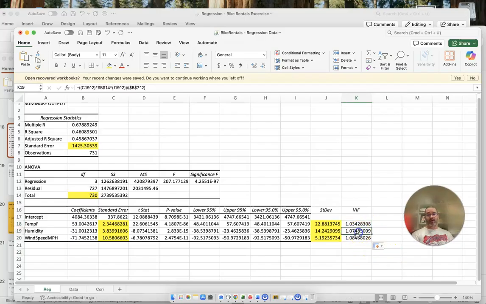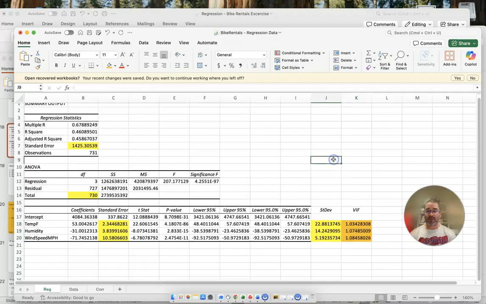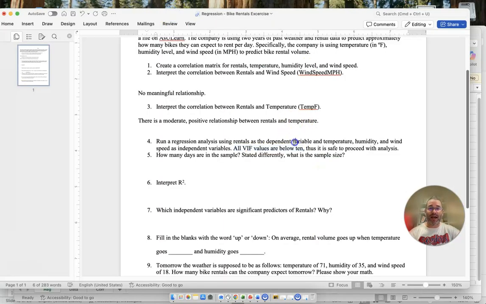Okay, and so here are my 3 VIFs, in orange there. 1.03, 1.04, 1.08, really small numbers, close to 1. And all of that that I just did is to show you why I was able to say this: all VIF values are below 10, so it's safe to proceed with the analysis.